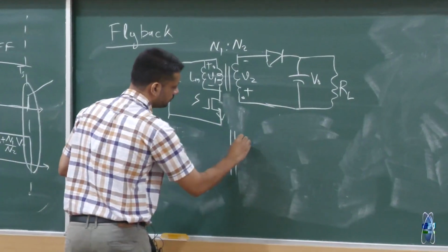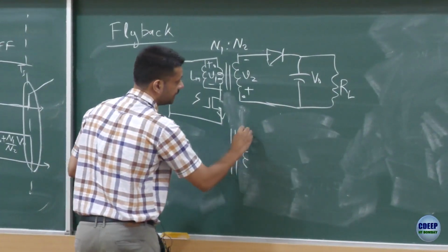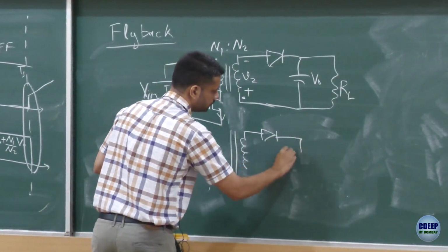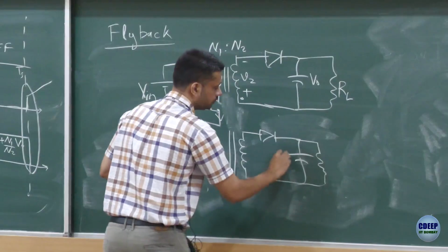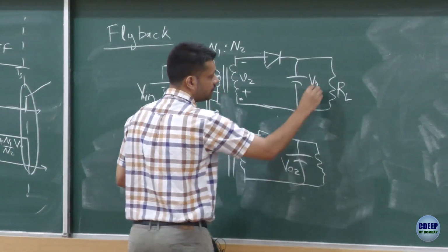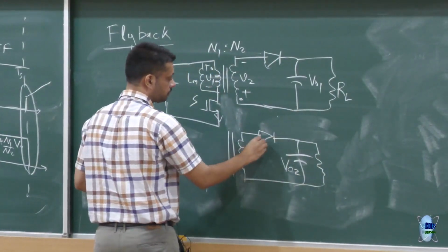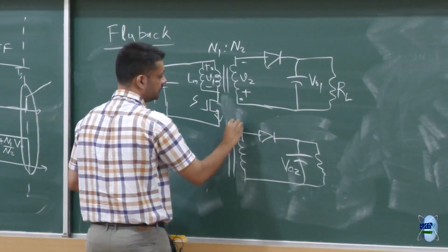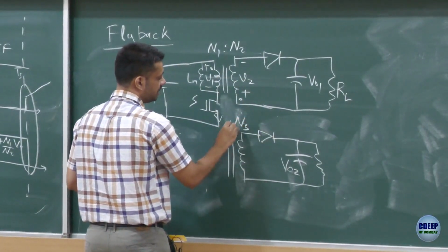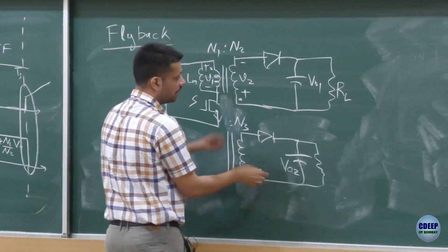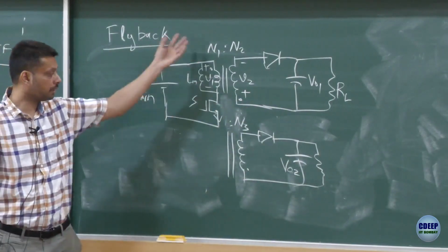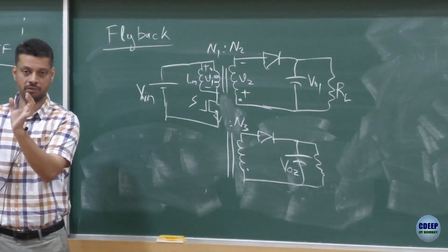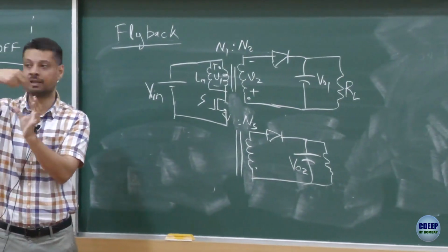So you just put one more winding like this. This is VO1, this is VO2, this is N2, this is turns ratio N3. Now you get 2 outputs, right? You want one more output, you put one more. So it's the same core where you have one primary and multiple secondaries.